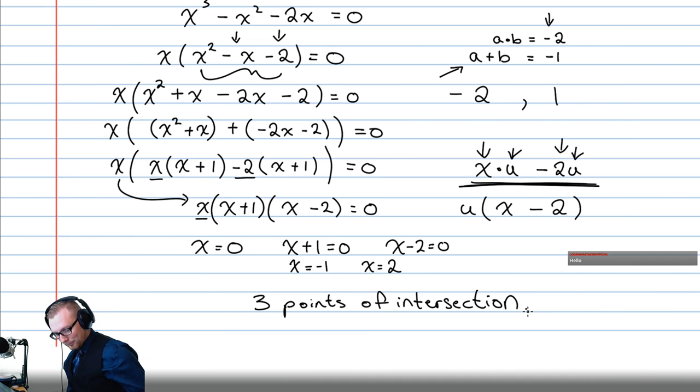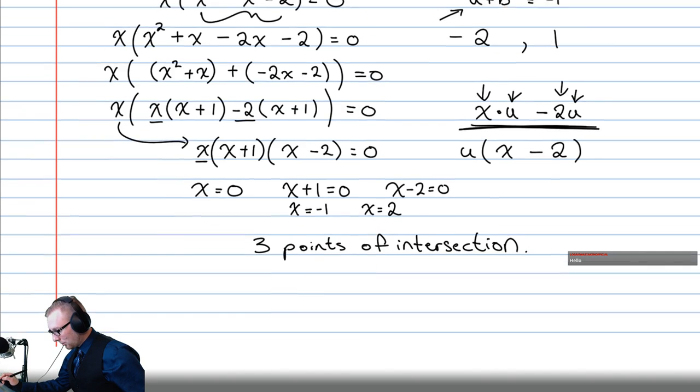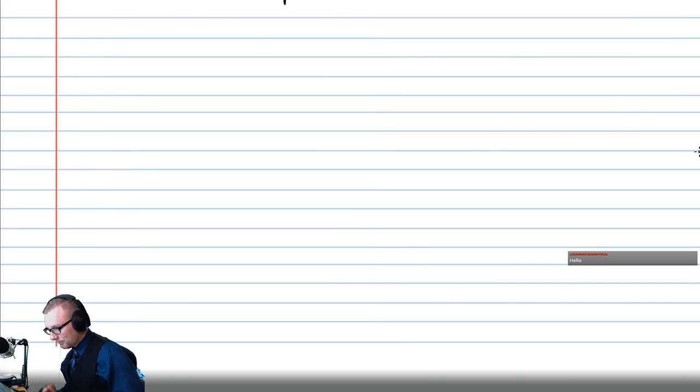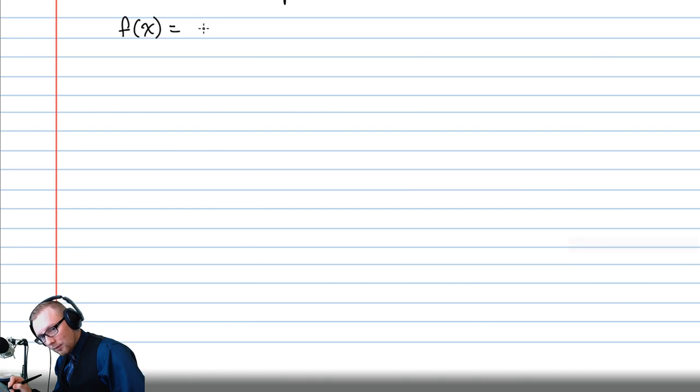Okay. 21. If you want, I can just say it. Yeah, you wanna try 21? Okay. f of x equals 2 minus x. And g of x equals 2x minus 1.